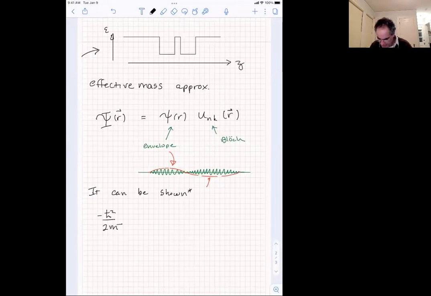Minus h bar squared over 2m star, where m star is the effective mass, times the second spatial derivative of psi with respect to r, plus the potential energy, which is a function of position, times psi, equals E times psi.